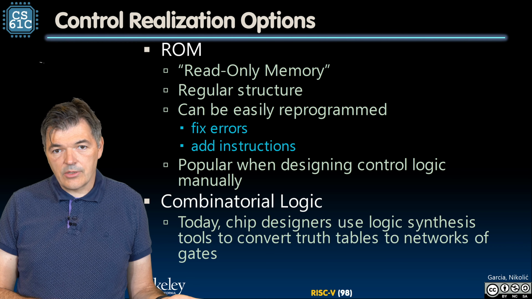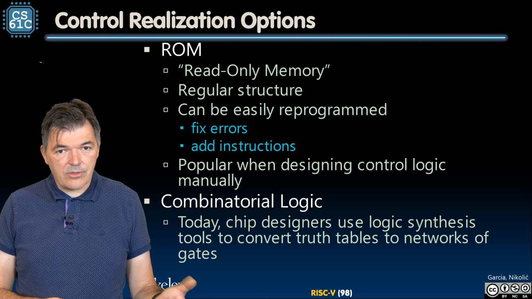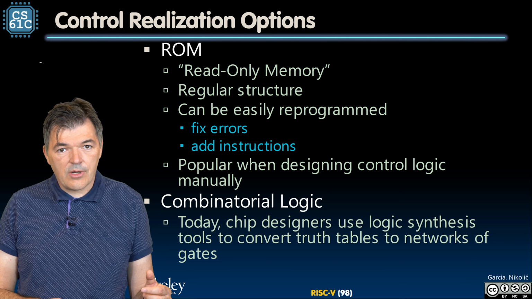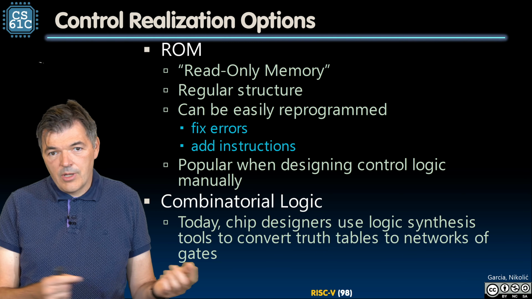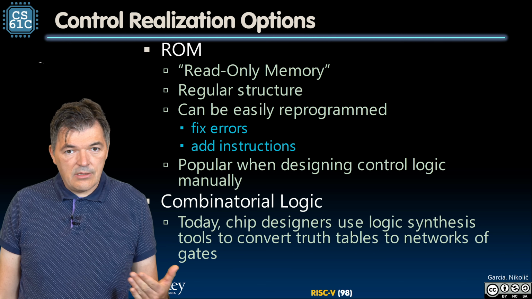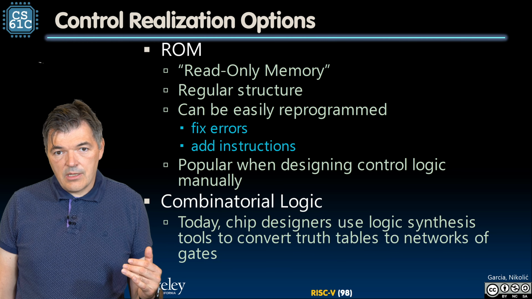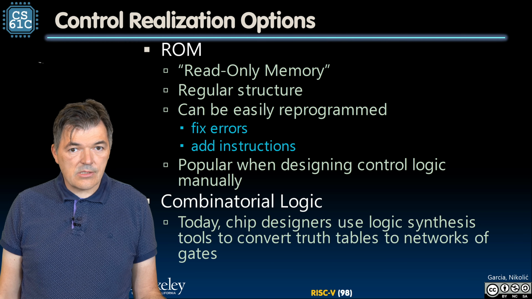For example, we would like to add the compressed part of the RISC-V instruction set. We have heard about compressed instructions before. So we would just add that part of the table to our ROM and then try it out. In practice, when we design real chips, control will be designed as a bunch of ANDs and ORs, because that's more compact and it is faster.